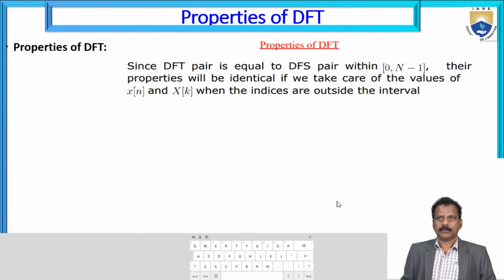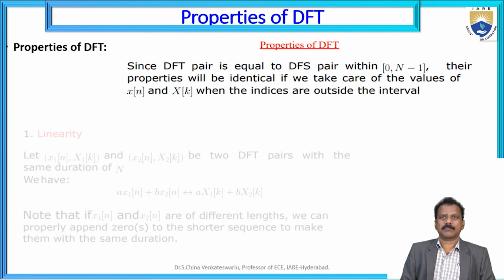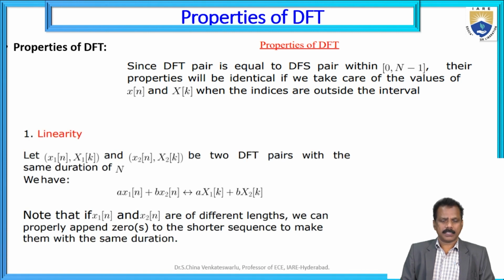Their properties will be identified if we take care of these values of x of n and x of k, where x of n is the IDFT, inverse discrete Fourier transform, and x of k is the DFT. When the indices are outside the interval, we are right to recognize this DFT pair as equal to the DFS pair with 0 to n minus 1. So basically we are having the first property.